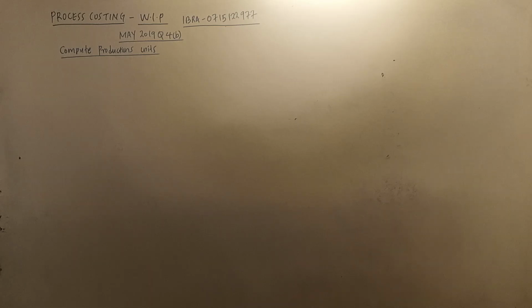We add. Now, what we add depends on the process. If we are in process 1, we add material introduced because there is no other process before process 1. But if we are in process 2, what we add is transfers from process 1. If we are preparing process 3, we add transfers from process 2, and so on. If you are doing process 5, we add transfers from process 4.